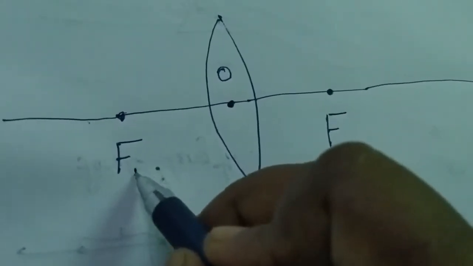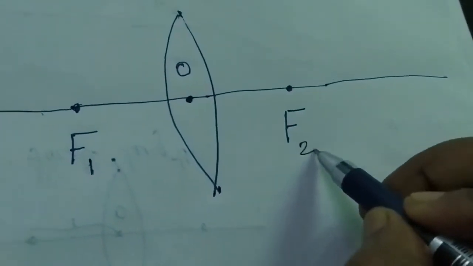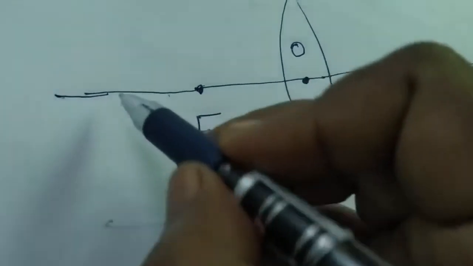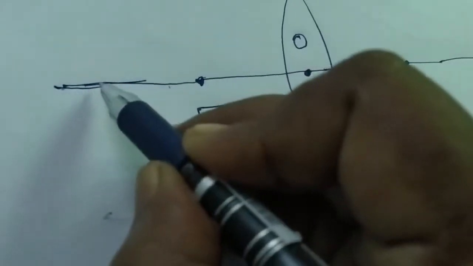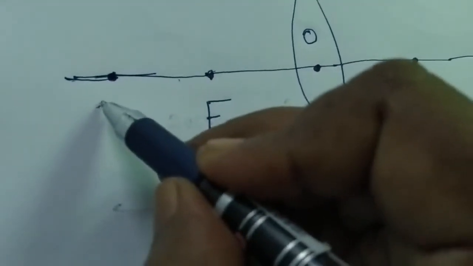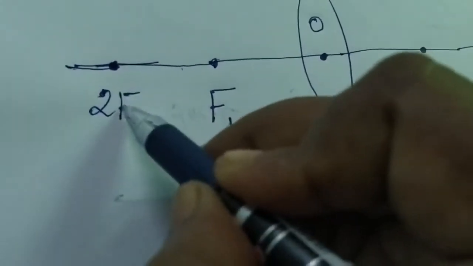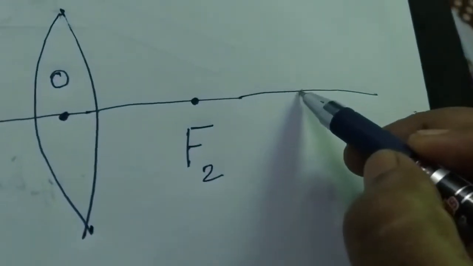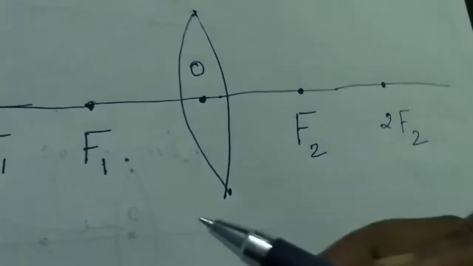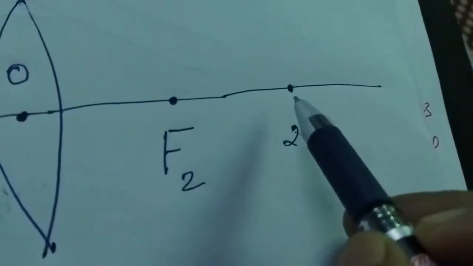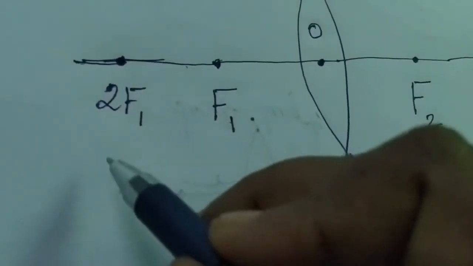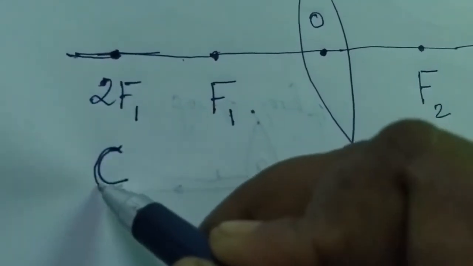Consider the left one as F1 and the right one as F2. Then 2F: the same distance you have to take as 2F1 on one side and 2F2 on the other side. 2F is nothing but multiples of F, and it is also known as C.